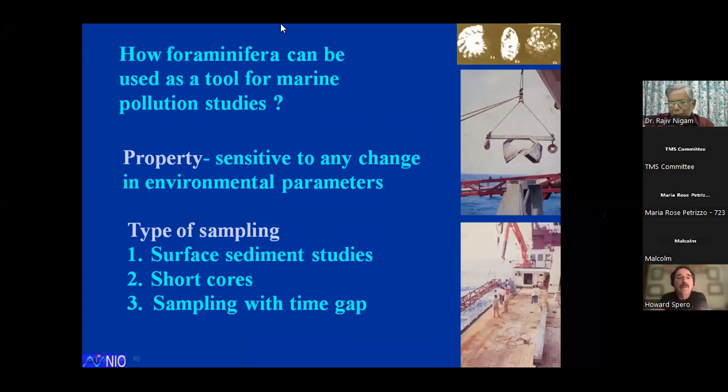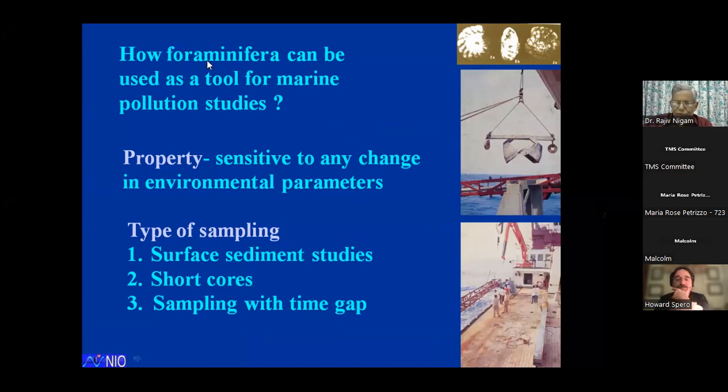How to collect the samples from the marine environment. Many of you will be working on land foraminifera, continental records. From marine records, we have to use a grab sample when we are collecting the samples from the bottom of the sea. And subsurface samples could be collected based on coring.